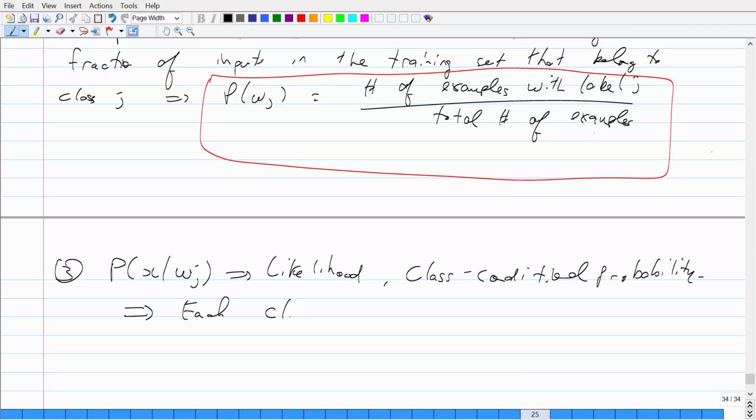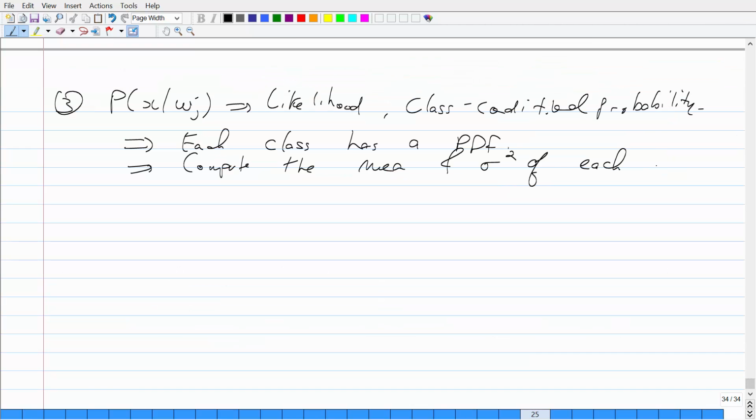Each class has a PDF. So what you're going to do is compute the mean and the variance of each feature of each class's features.